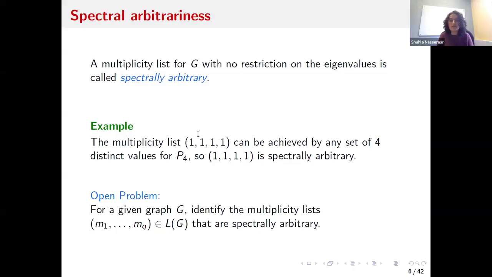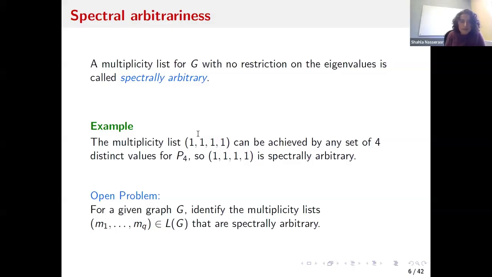If you can answer that question, then we have basically answered the inverse eigenvalue problem. So it is a sub-problem, but it's also a different way of studying the same problem. And if it turns out that there are no restrictions on the eigenvalues for a given multiplicity list to be the spectrum of a matrix in S of G, then we call that multiplicity list spectrally arbitrary.